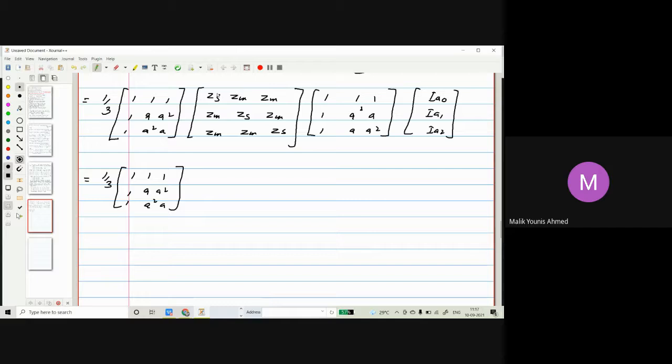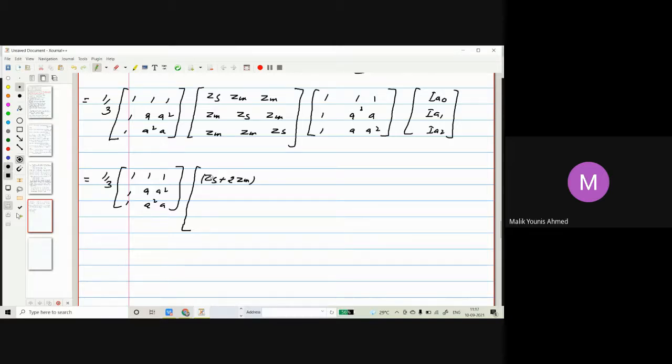So simply, rows have to be multiplied by the columns. First column, it will become the first entry. Second column, second entry of the first row. Third, so that you know. So I'll be just writing it. It will become a big matrix. So first will be ZS plus 2ZM.